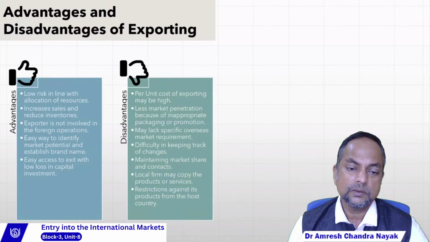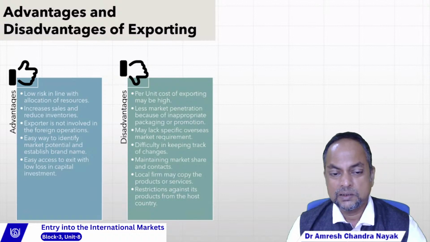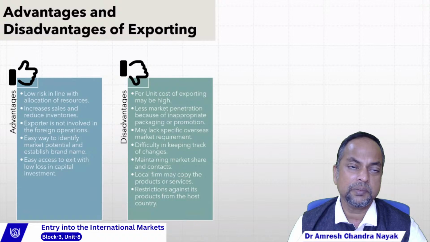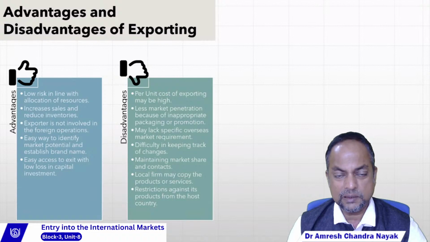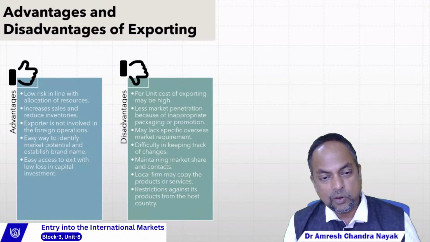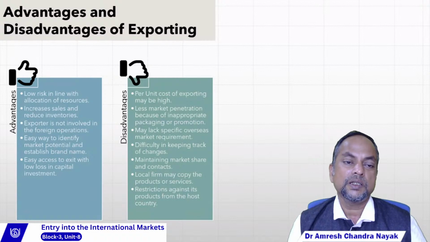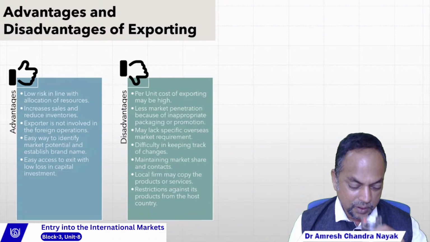That is why it's riskier. And there may be restrictions against a particular category of product by the host government itself, right? So we need to take all of these aspects into consideration before we move to the internationalization process itself.